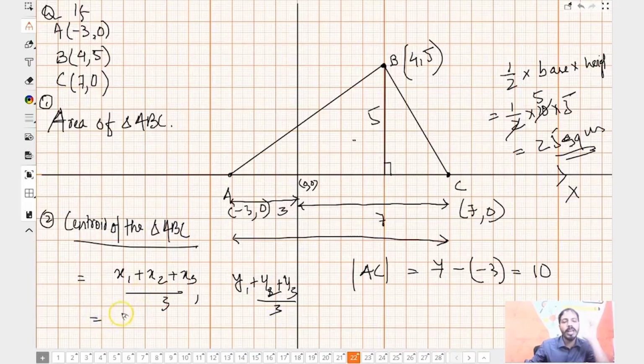So if you put the values here, it is -3 plus 4 plus 7 by 3, and the ordinates are 0 plus 0 plus 5 by 3. So this is the solution, right? So 7 minus 3 is 4, 4 plus 4 is 8, 8 by 3 and 5 by 3, right? So 8 by 3, 5 by 3, you will get the point somewhere here. Okay guys, so this will be the centroid.